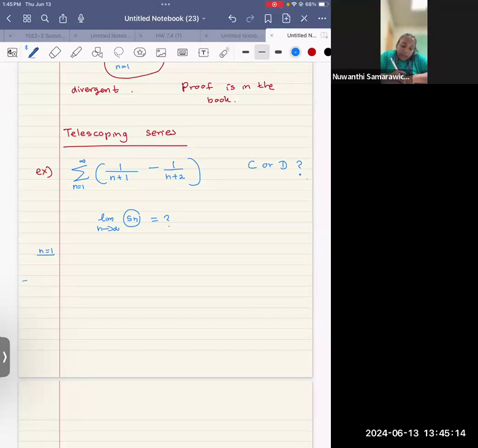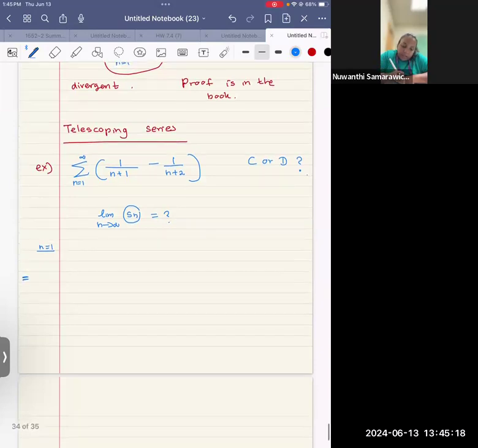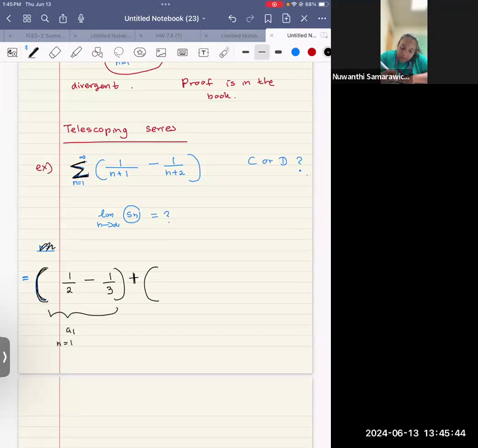I'll just write this. When n is equal to 1, this will look like 1 over 2 minus 1 over 3. I'm going to write this as a sum because it's a series, where I take all the terms plus. This is the first term, a1, when n is equal to 1.